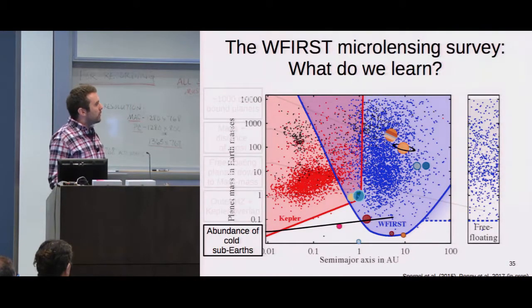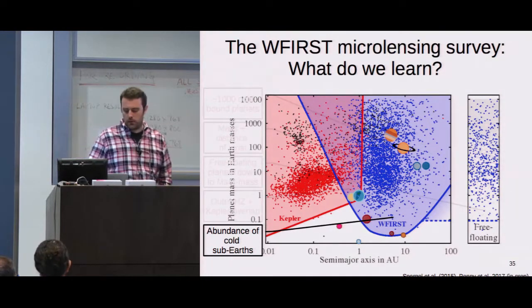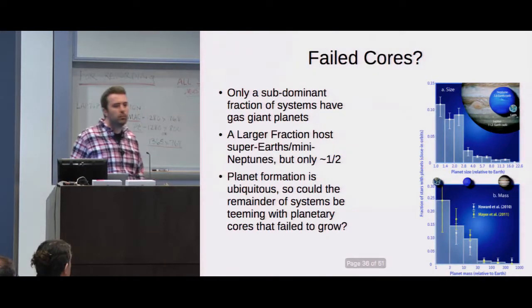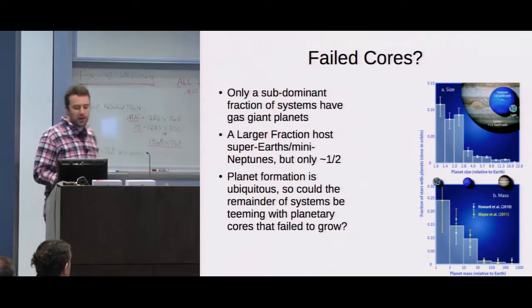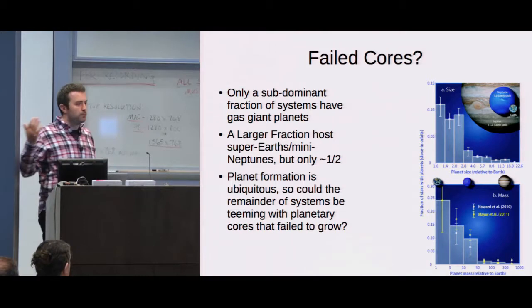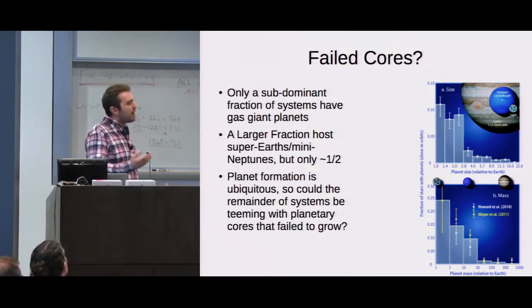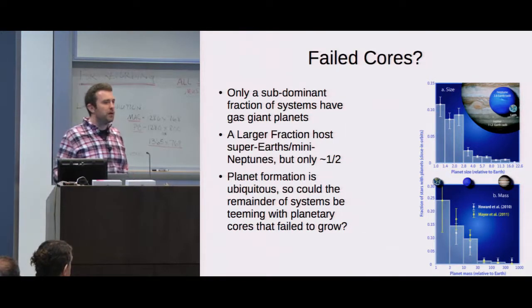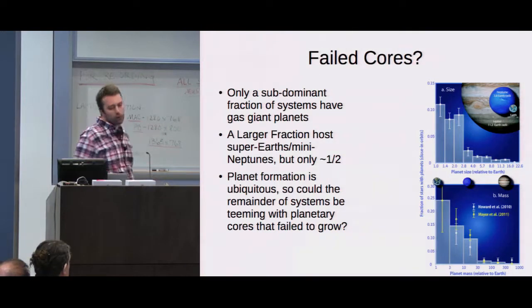So WFIRST will allow us to measure the abundance of cold sub-Earth planets, and what these actually are could be the failed cores of gas giant planets. If core accretion is how gas giants form, we expect solid cores to build up, and if they reach a critical mass before the gas disk goes away, then they will grow into gas giants.